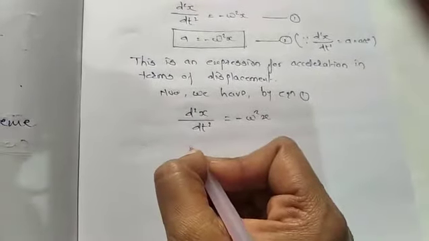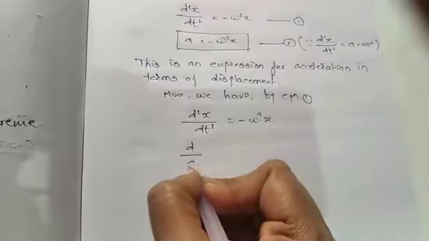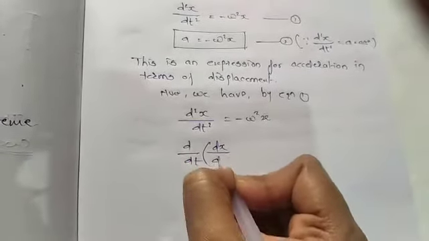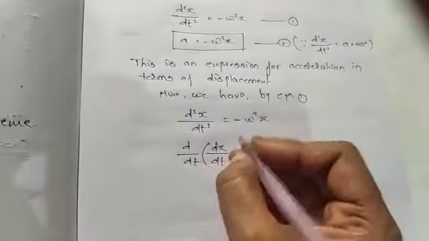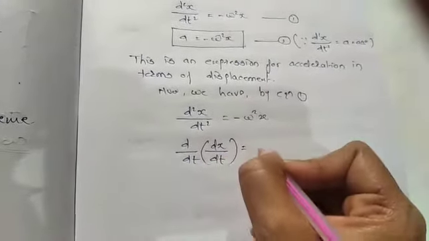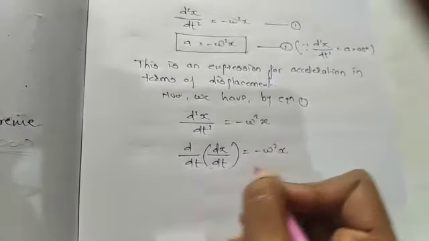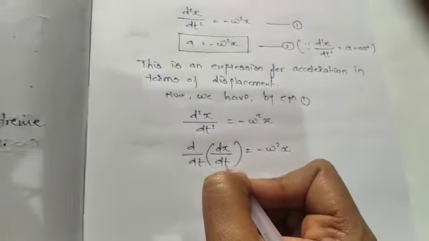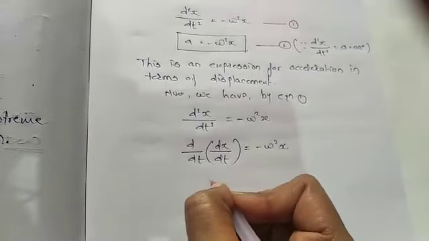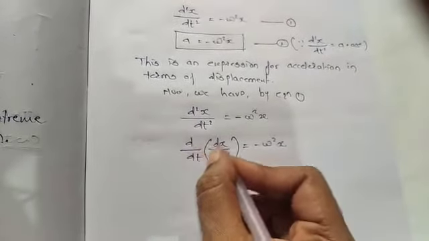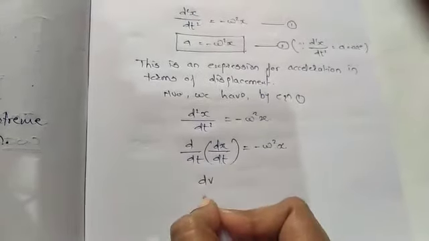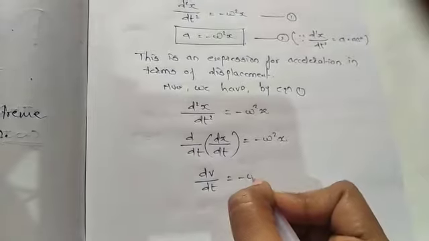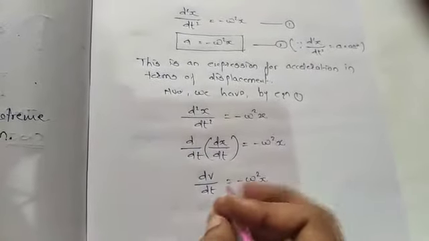We can write this equation as d by dt of dx by dt is equal to minus omega square x. This dx by dt, the rate of change of displacement with respect to time, is nothing but the velocity. So dv by dt is equal to minus of omega square x.